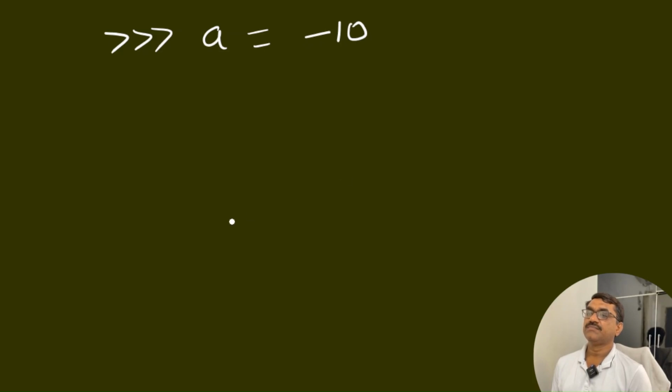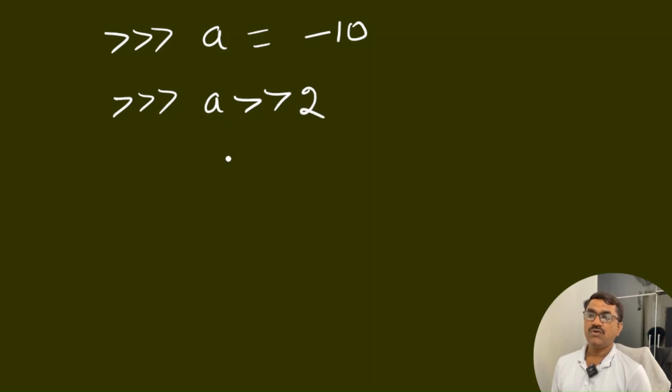Now, this is about positive numbers. So what about negative numbers? For example, assume A is equal to minus 10, and now we are going to perform the shift operation on A. You can use right shift or left shift. Here I am using right shift.